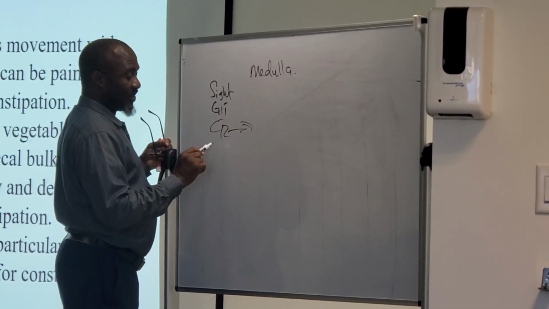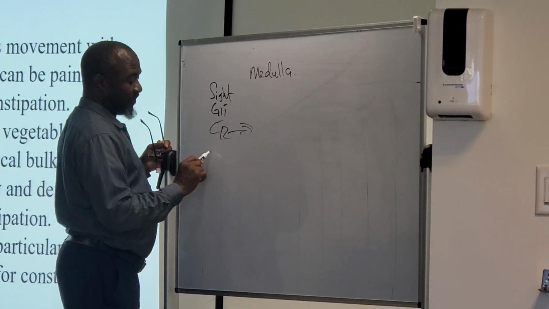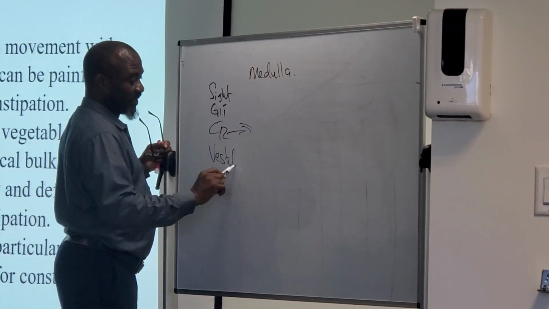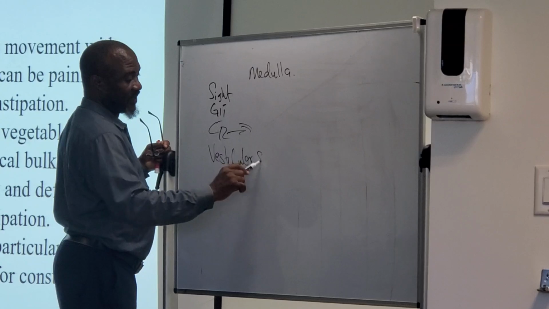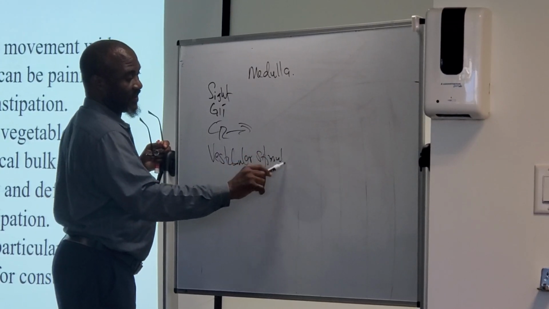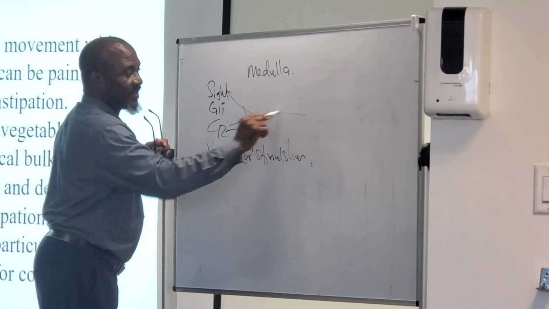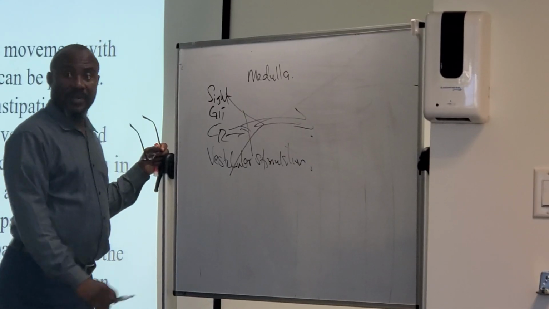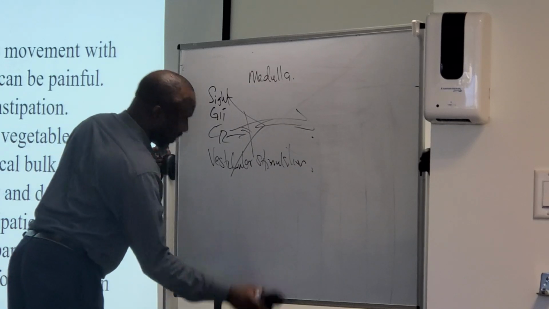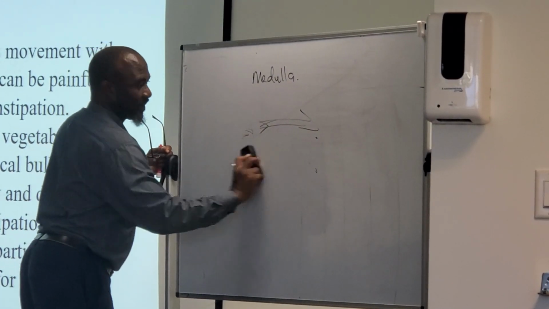We're going to be talking about vestibular apparatus stimulation. All of this sends sensory input to the medulla, to the vomiting center. So we're going to look at it this way.